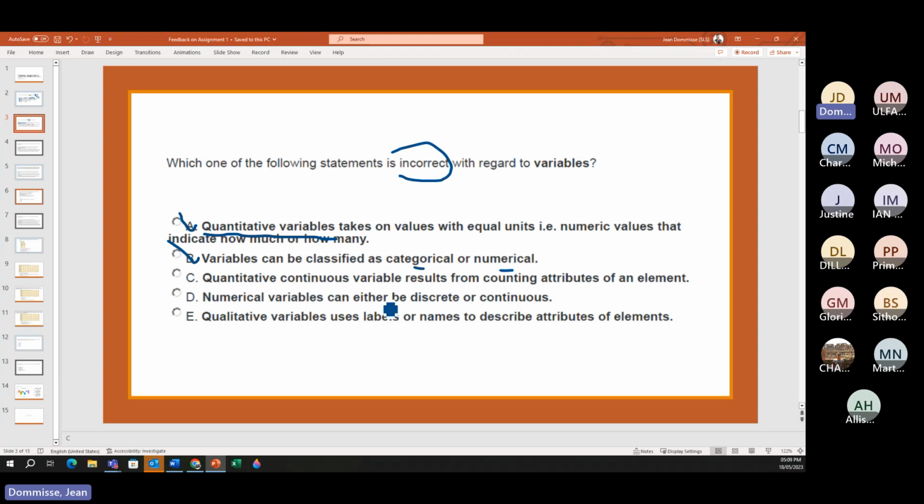Quantitative continuous variable results from counting attributes of an element. So what do you guys think about this one? Quantitative continuous variable results from counting attributes of an element.